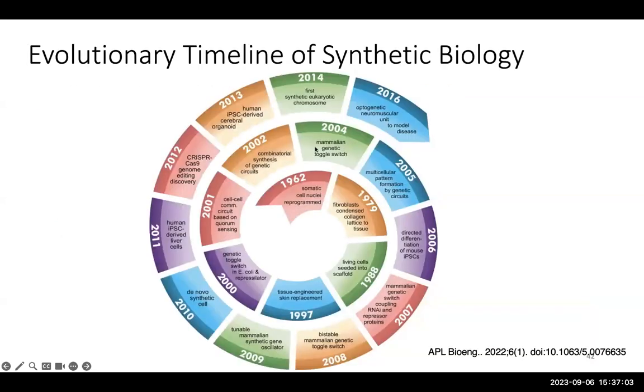Here's one more example. Let's talk about the evolution timeline of synthetic biology. So synthetic biology is a very important field. Okay, so here from 1962 on, all the way, every year, every several years, there's a milestone, big discoveries. Okay, and then go all the way up to 2016.